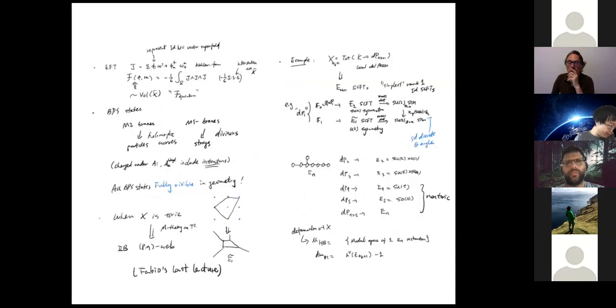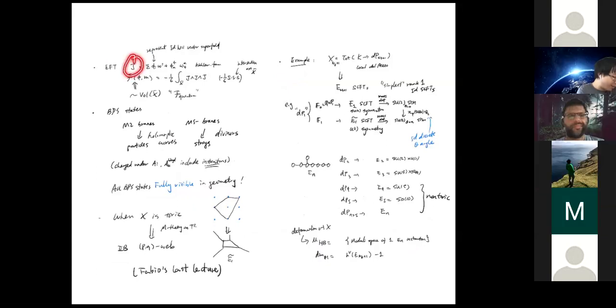As I mentioned, the EFT at the two-derivative level is just determined by the prepotential. So you may ask, how is the prepotential encoded in the geometry? It's encoded in a very simple way. The Kähler form of the threefold singularity can be expanded into these harmonic two-forms, and the coefficients correspond to the scalars that parameterize the Coulomb branch of the 5D effective theory.